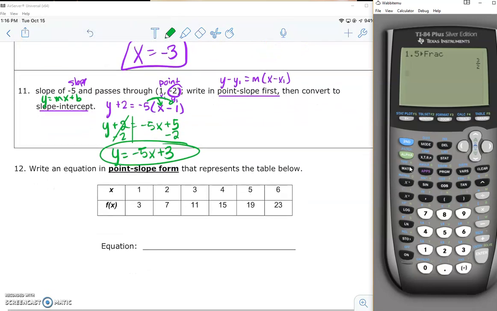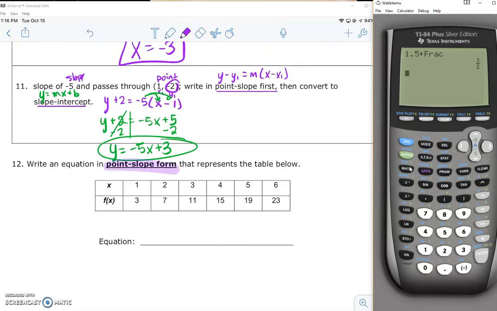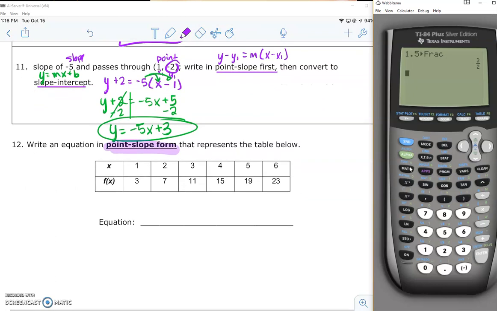Number 12, write an equation in point-slope form that represents the table below. So normally when we see a table, we want to do stat, which we can still do here, but we don't want to leave it in that form. We can use stat to find the slope, but then we want it in point-slope form. So y minus y1 is equal to m times x minus x1.